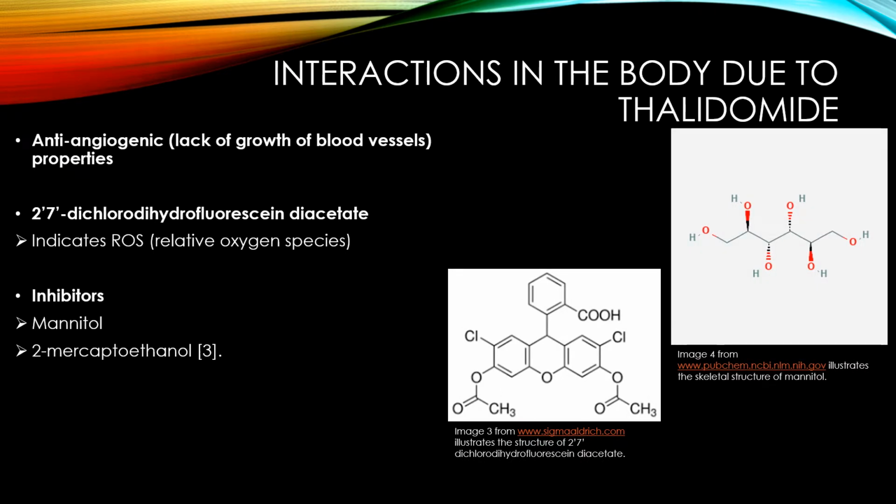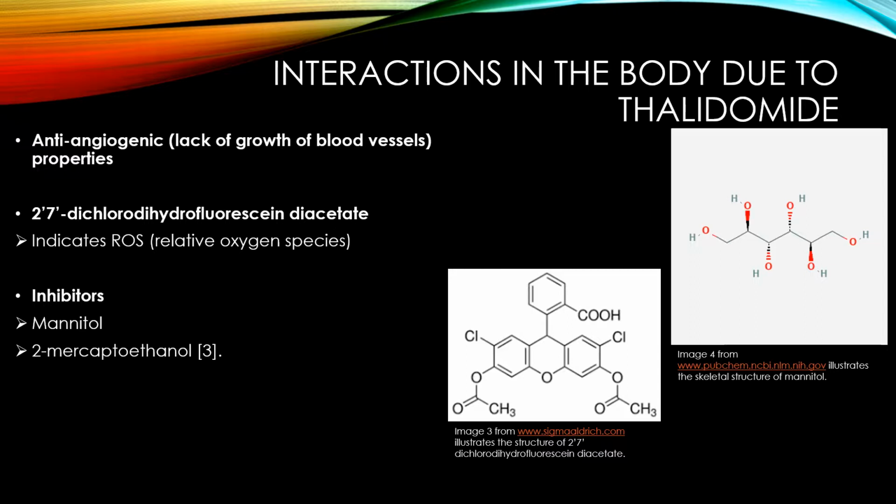Thalidomide is known for having anti-angiogenic properties, which involves a lack of growth of blood vessels. When testing for ROS, or reactive oxygen species, it can be indicated by using 2,7-dichloro-dihydrofluorescein diacetate.